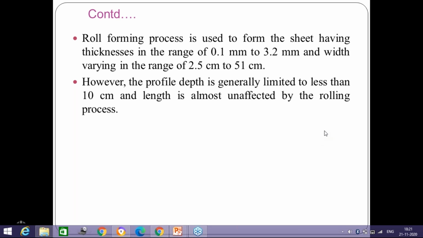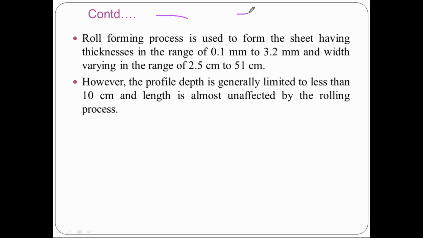Now what is the profile depth? I'm going to show you. Suppose this one is the raw sheet material, and if I want this type of final shape product, then this is the length of that sheet metal, and this is the profile depth. So this profile depth up to 10 centimeter we can finish by using the roll forming process.